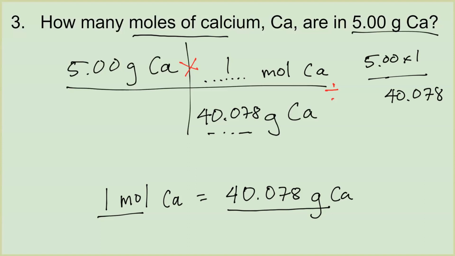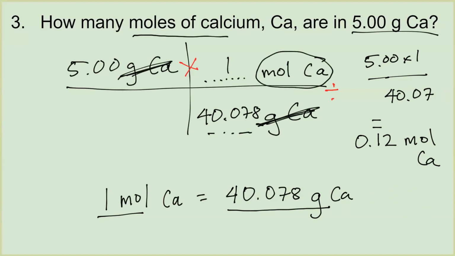The number I'm going to get on that is 0.12 moles. Whoops, I should have actually written this somewhere else, not right there. Okay, equal to 0.12 moles of calcium. We know it's moles because the grams on top and bottom will cancel out and the unit moles of calcium will stay. So there is my answer for number 3.